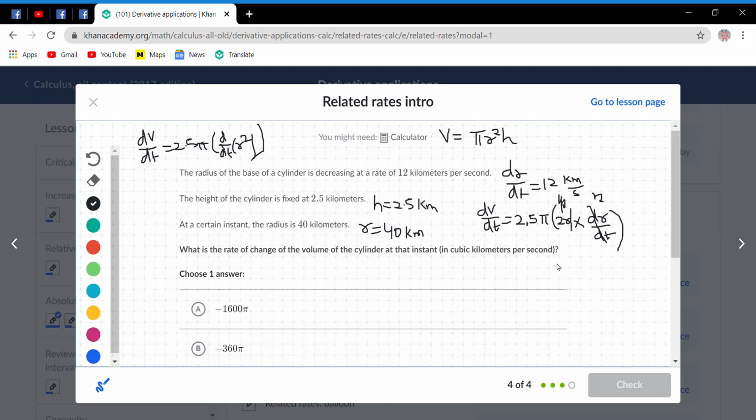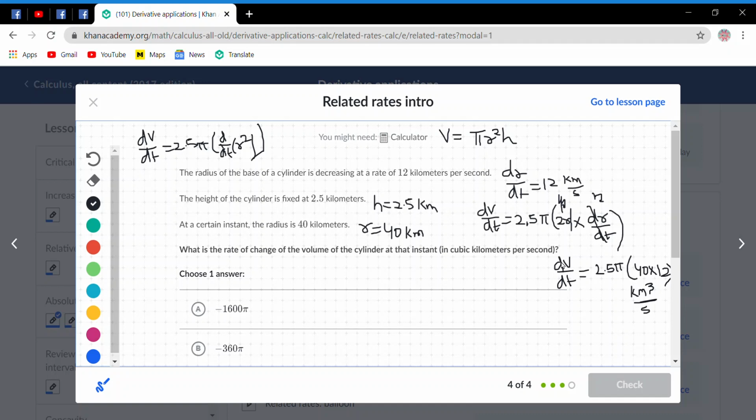So let's solve this. dV over dt is equal to 2.5 pi times 2 times 40 times 12, and this whole thing is in kilometers: kilometer times kilometer is kilometer squared, kilometer squared times dr/dt is cubic kilometers per second.